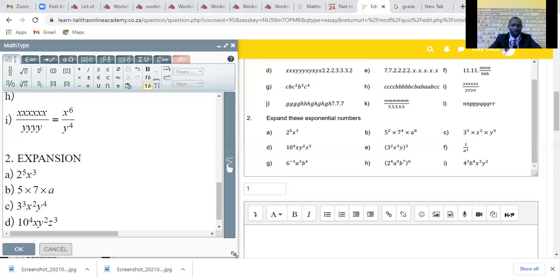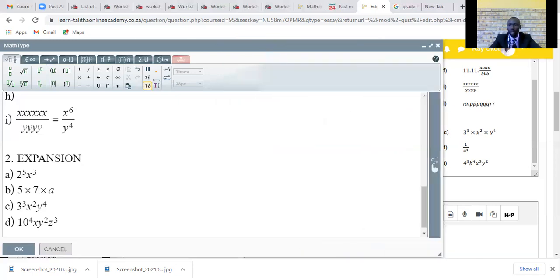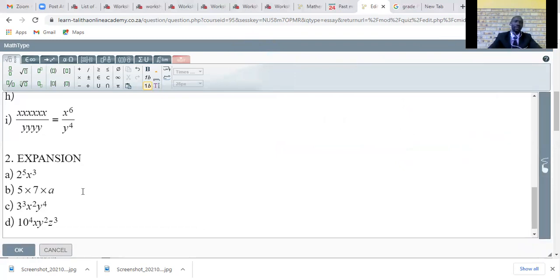Now, let's expand the playground. All right. So we are expanding. And so, what are we going to have here? Well, 2 is appearing 5 times.